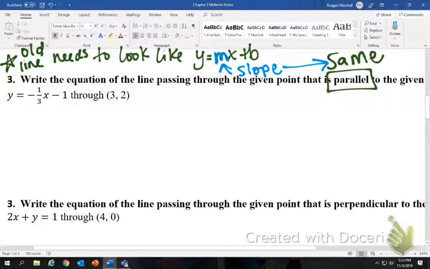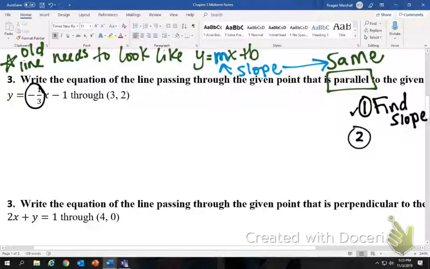So, there's 3 steps to these problems. First one is to find your slope. My slope is going to be parallel to the line I'm given, so it's going to be the same. So my new slope is negative 1/3. So check, find slope.